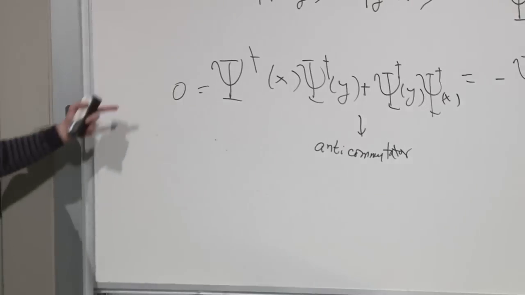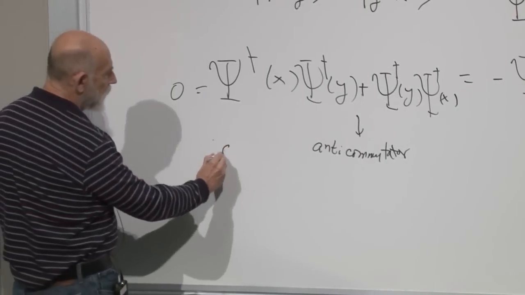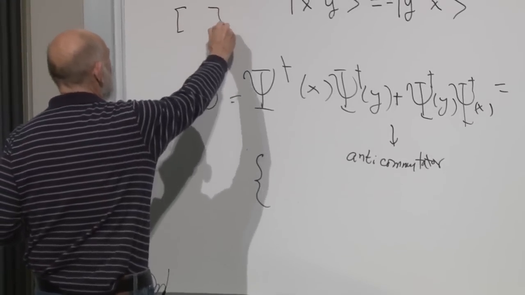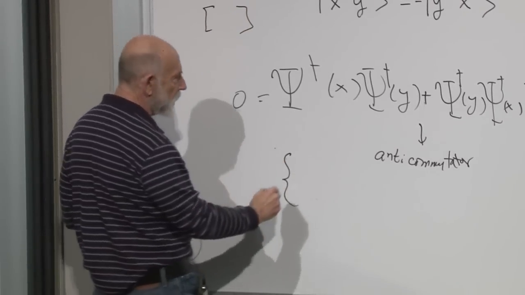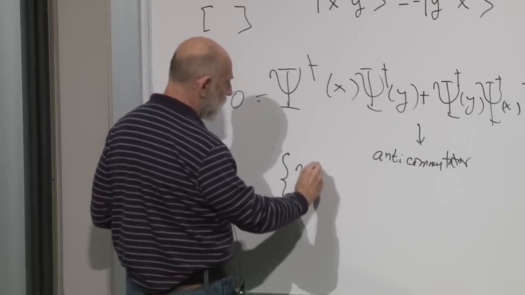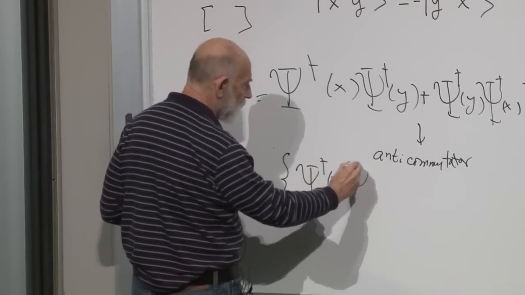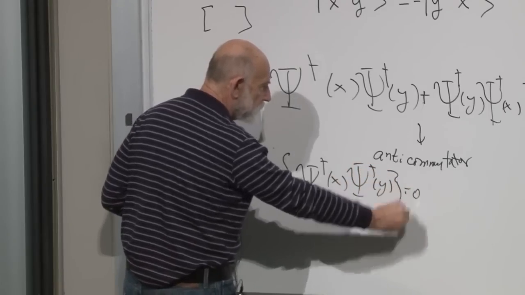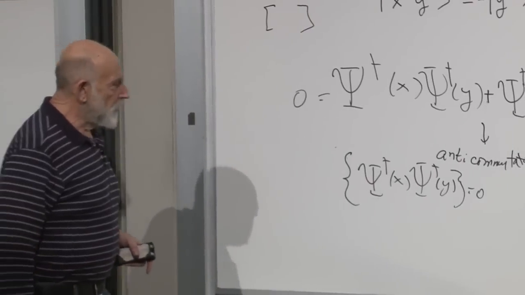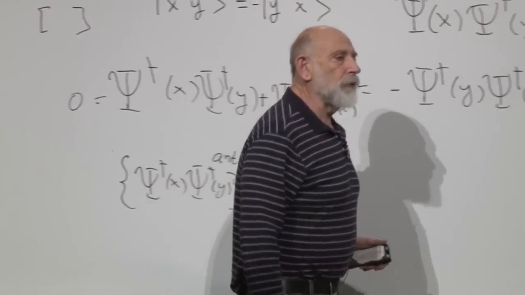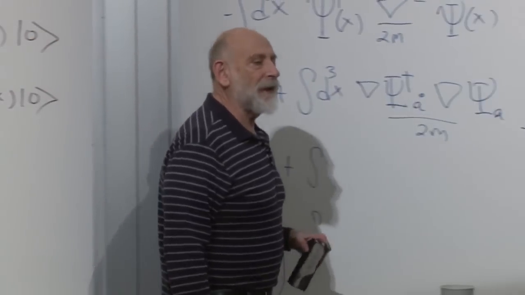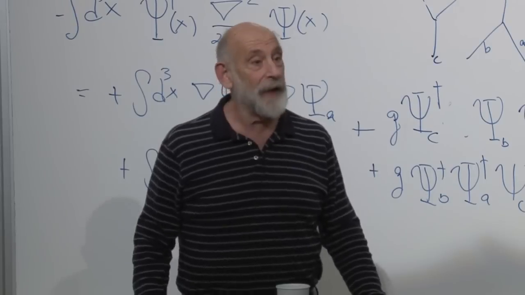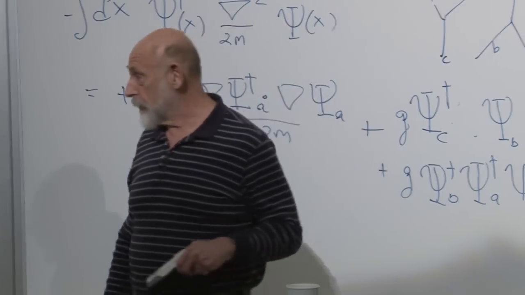And it's written, instead of a square bracket, instead of a square commutator, usually written with a curly bracket, psi dagger of x, psi dagger of y equals 0. Okay. In general, when you go from bosons to fermions, you just take every commutation relation and replace it by an anti-commutation relation.